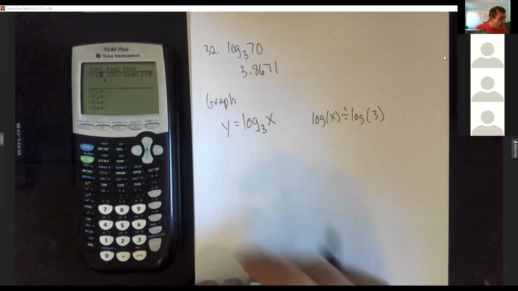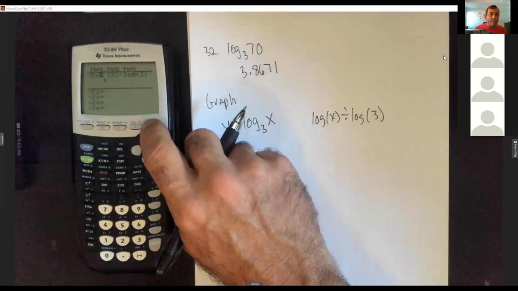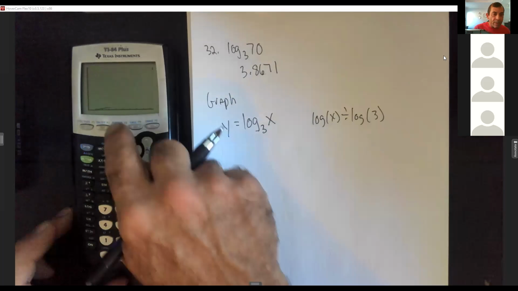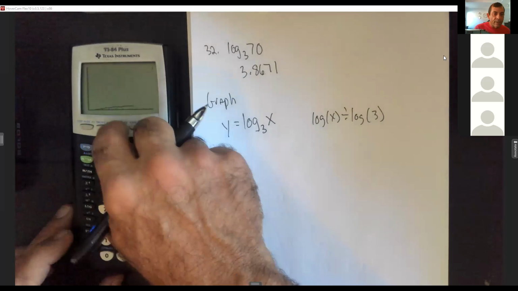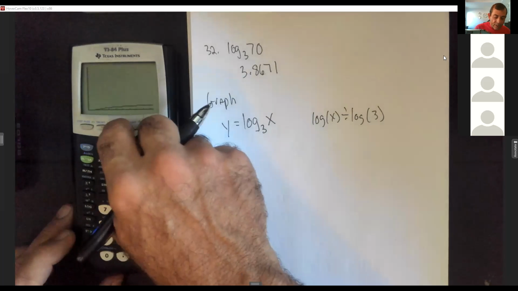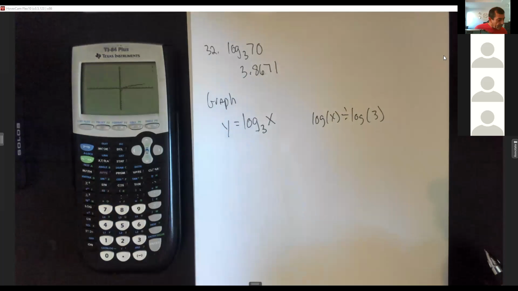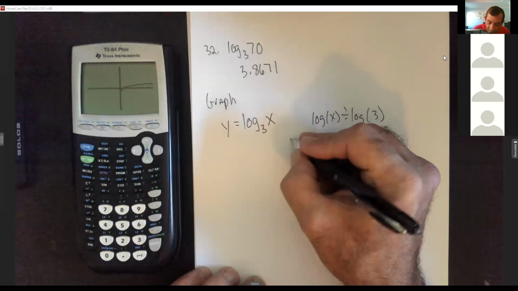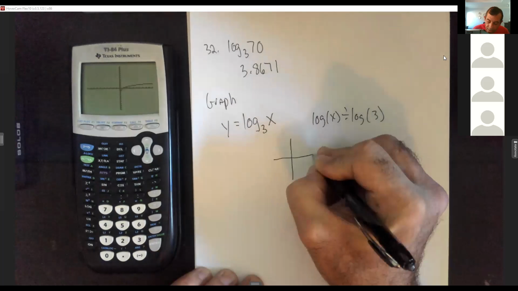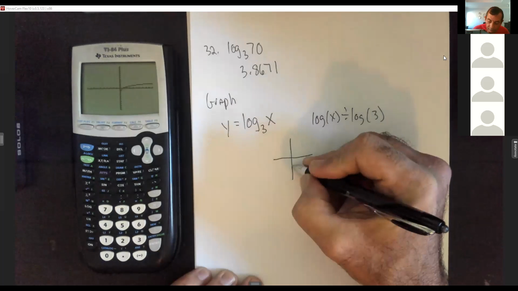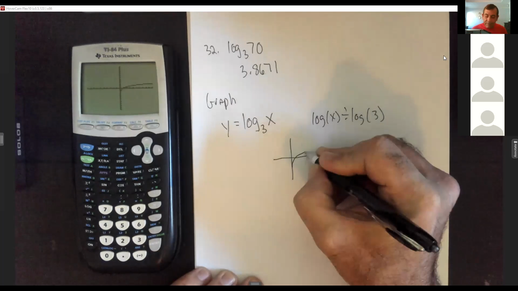So we just want to hit graph. Whoops, let me fix my window. So to fix my window, I hit zoom 6. And if you notice, it's just a little graph. Looks like it's coming right up and just shooting over. Okay.